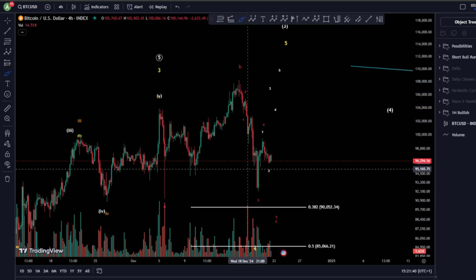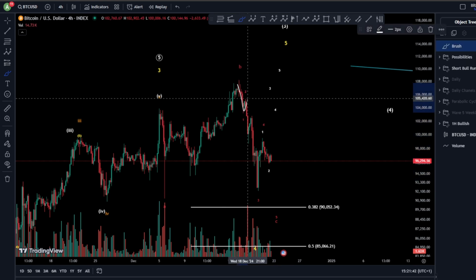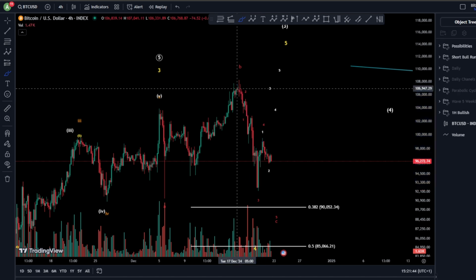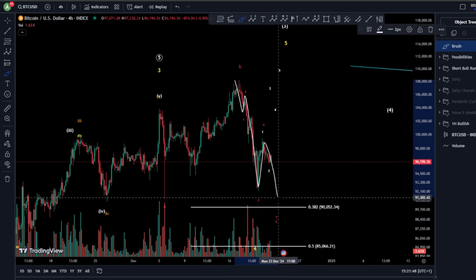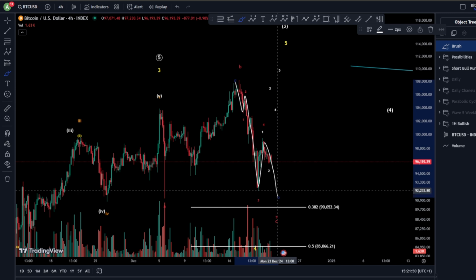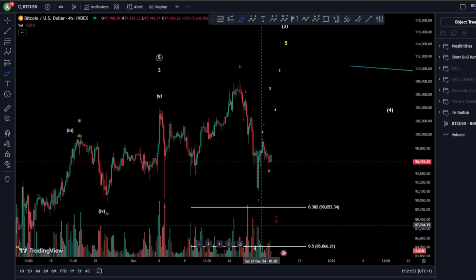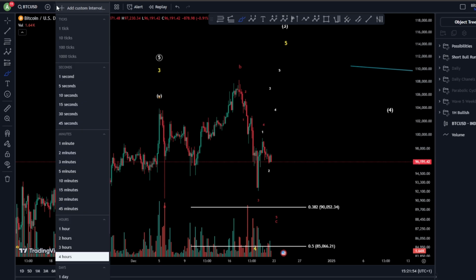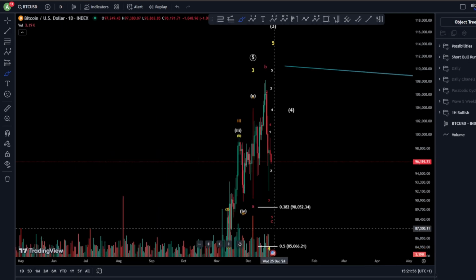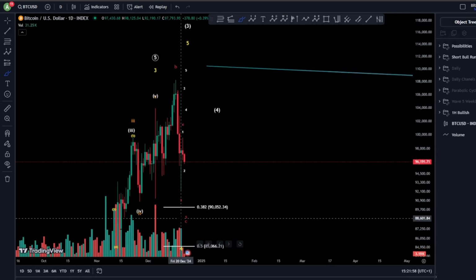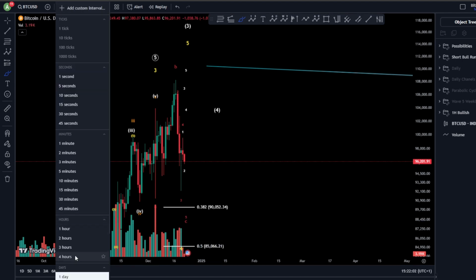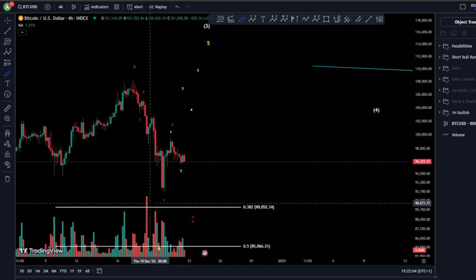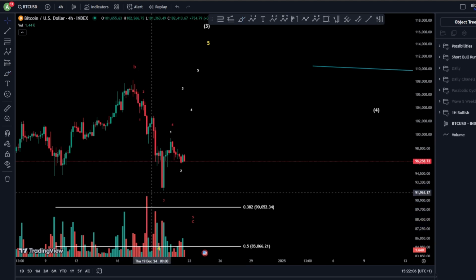Now, a possibility is that it might still be a bigger impulse here as a 1, 2, 3, 4, 5. That is a minor possibility, guys, where the volume did not give a really accurate price action, I would say, because that's not normal, to be honest, for a volume to not give an accurate price action.